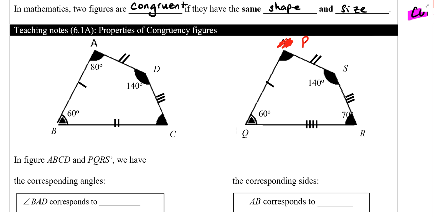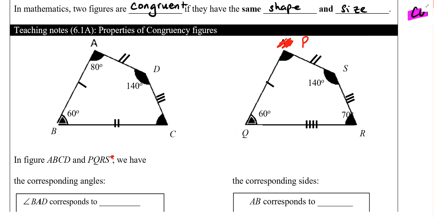Okay, then next, in figure ABCD and PQRS, there shouldn't be this apostrophe. We have the corresponding angles. Now, I need to tell you that these two shapes are congruent first. Okay, these two are congruent. We see that there are certain sides that are the same.